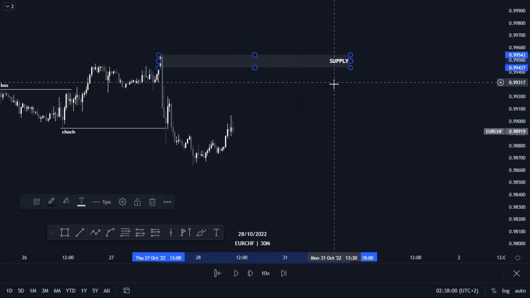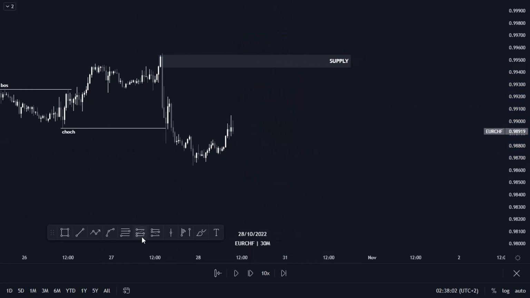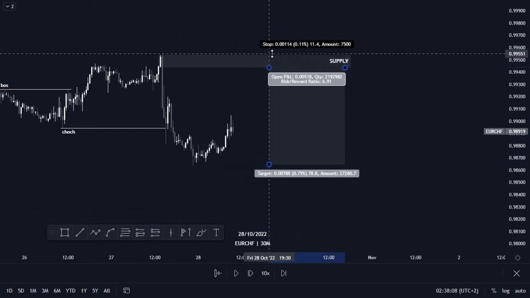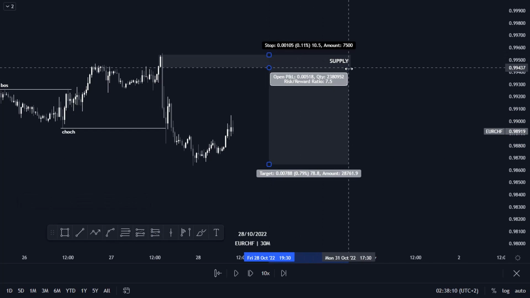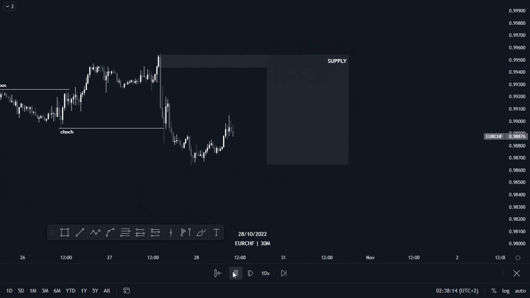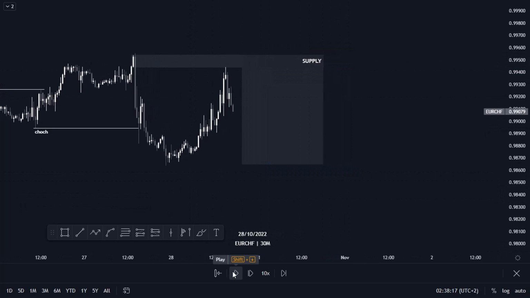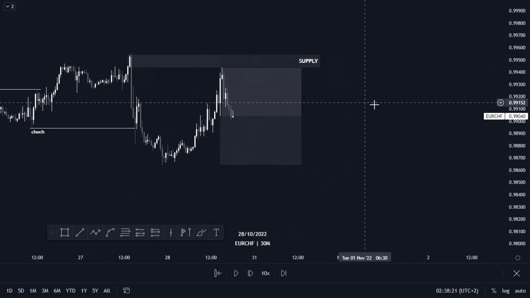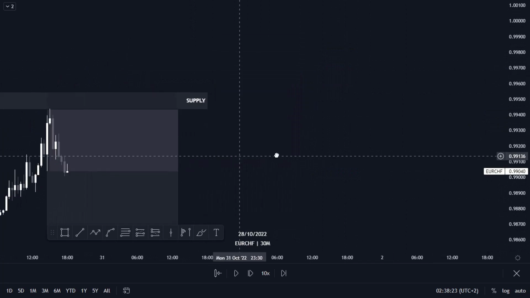So for instance, you take your trade here, your stop loss here, and you take profit at this low here. So let's see what price does. Price taps us in, zero drawdown trade. We'll just zoom in.